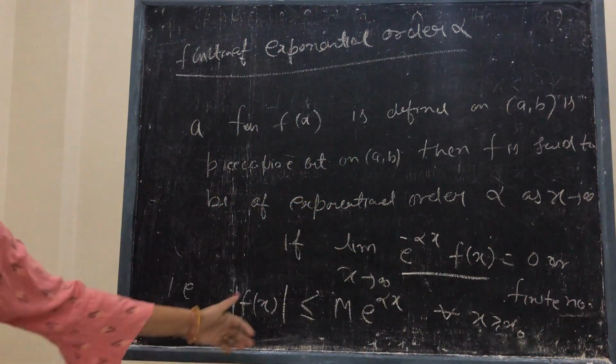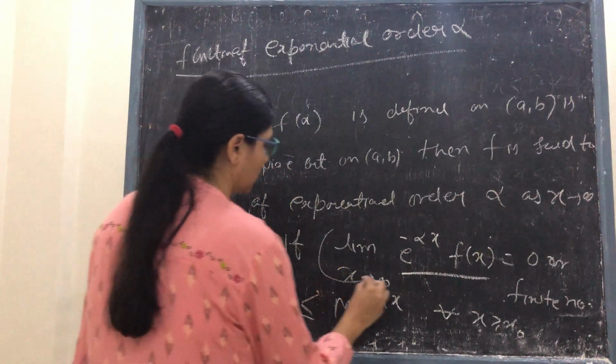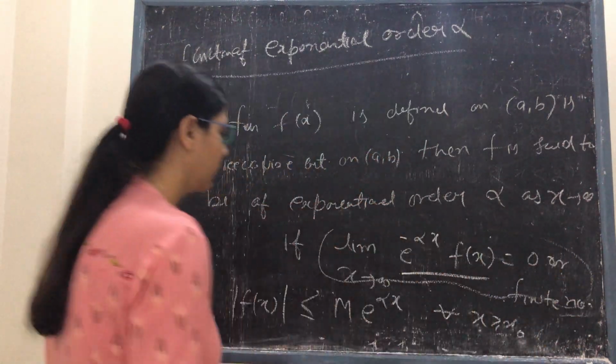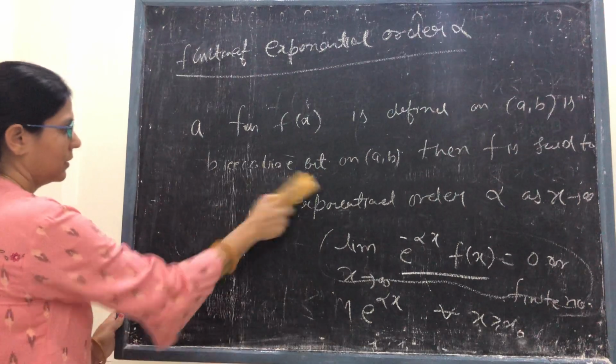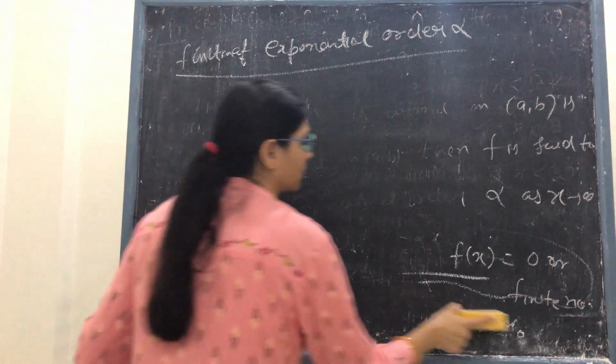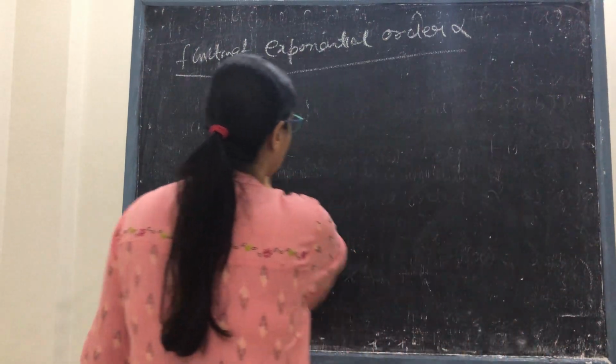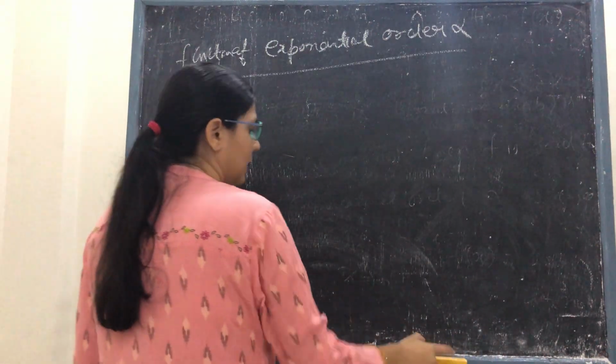We can also write it in another form, but this is the main definition of the exponential order of a function. Now we take some example to make it clear.